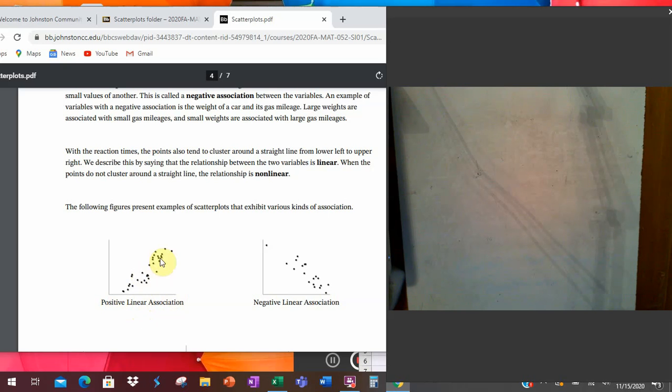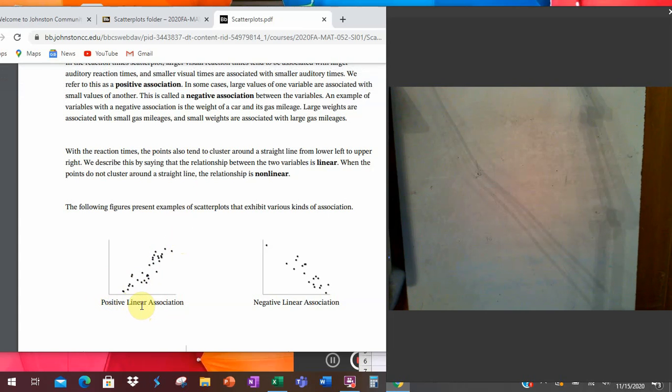The linear part is that if I imagine a straight line through somewhat the middle of the data, okay? If this was starting out flat and then started going up faster, that would be nonlinear. The linear means a straight line, okay?